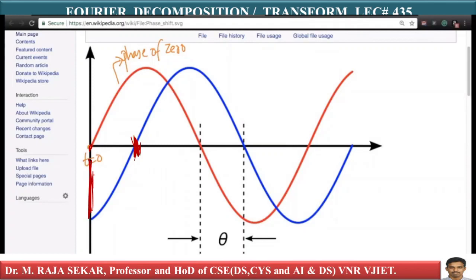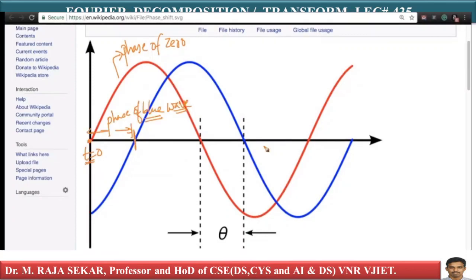Just see, the blue wave is not at 0. We say that this difference is called phase. This particular difference can be treated as the phase of the blue wave. Phase is also important. The most important of all of them would be frequency.